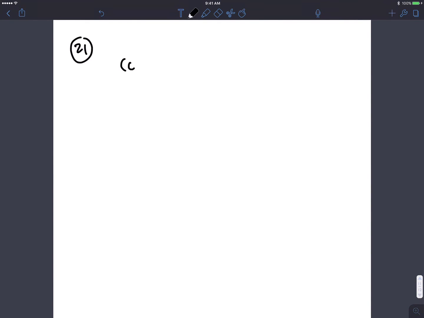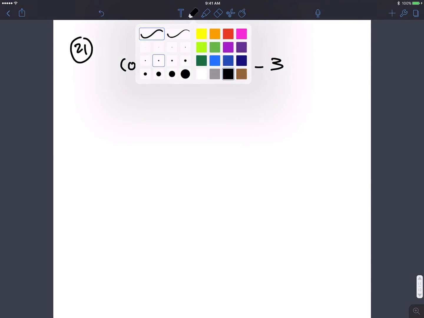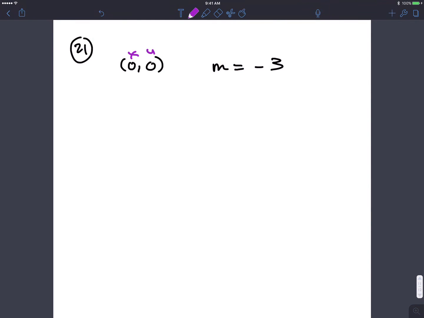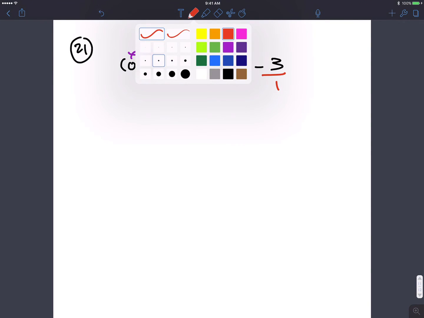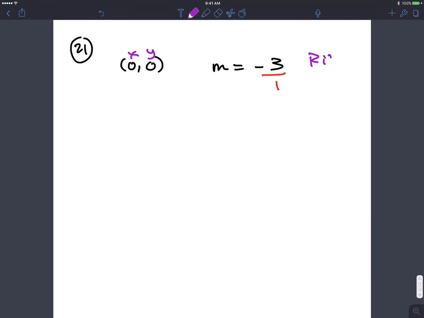Number 21, 0, 0, with a slope of -3. We have a rise over a run. So that means our rise is negative, we go down 3 units. Our run is positive, we go to the right 1 unit. And it's all from the origin because the y-intercept is at 0.